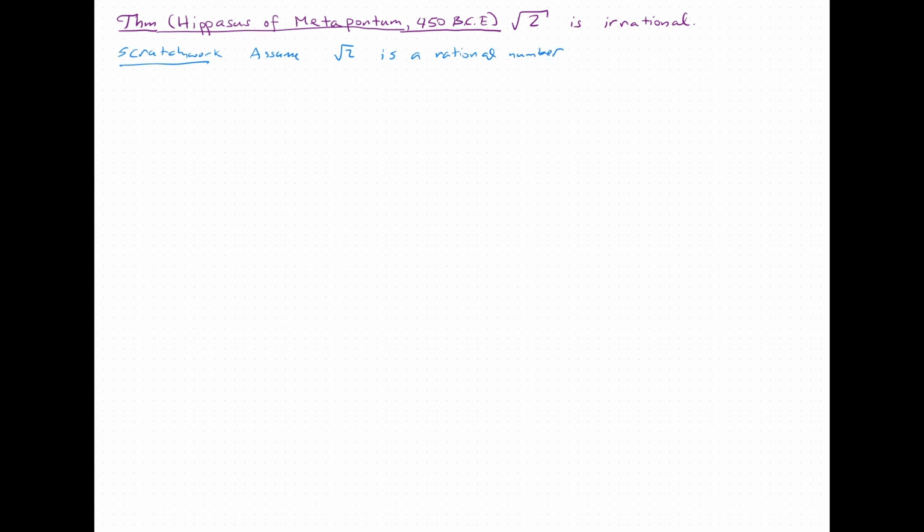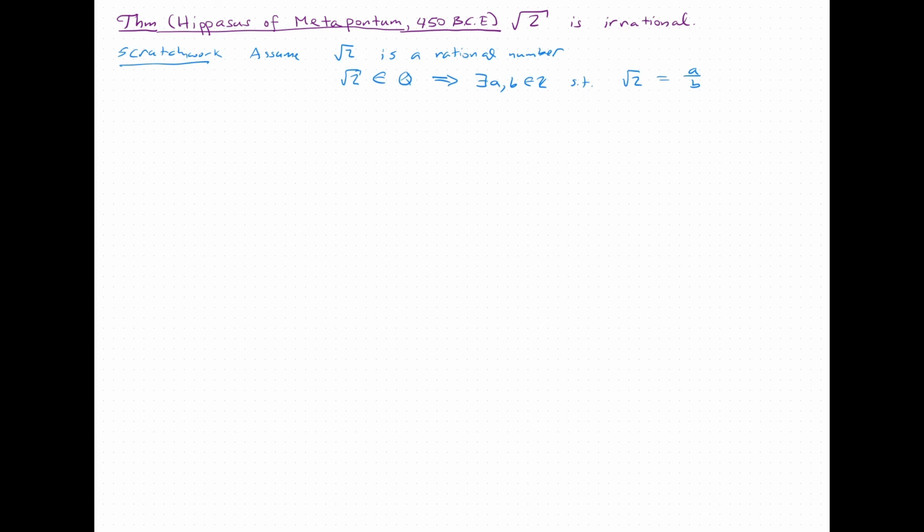And this is a symbol we use at the start of the term when introducing notations. I'm just going to write this as a reminder. So another way of writing this is the square root of 2 is in Q, where Q is the symbol for the rational numbers. So this tells us that there exist some integers a and b such that the square root of 2 is equal to a over b.